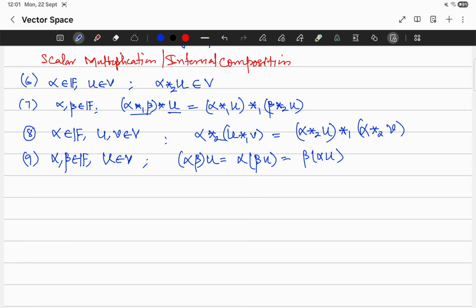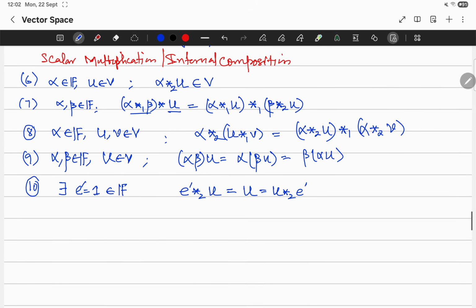Okay, similarly the 10th property is that there should be one element, let's say you will call it E prime, or you can denote it by the 1 in the field, such that E prime star 2 with any element U of V should be U only, that is U star 2 with E prime. Okay, or you can write it as 1, that is called a unit.